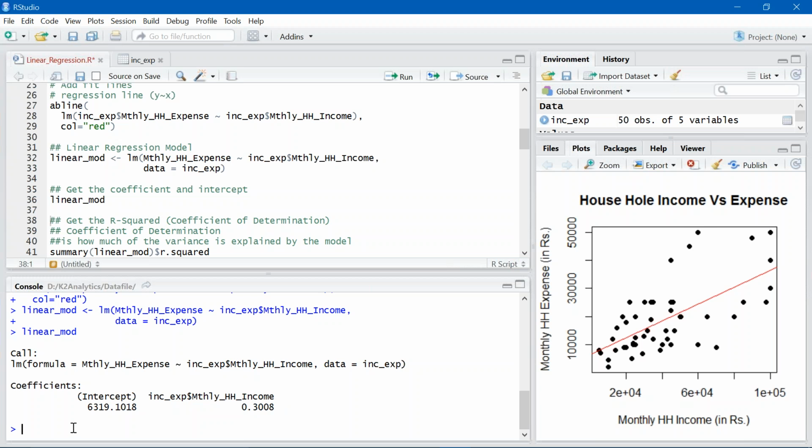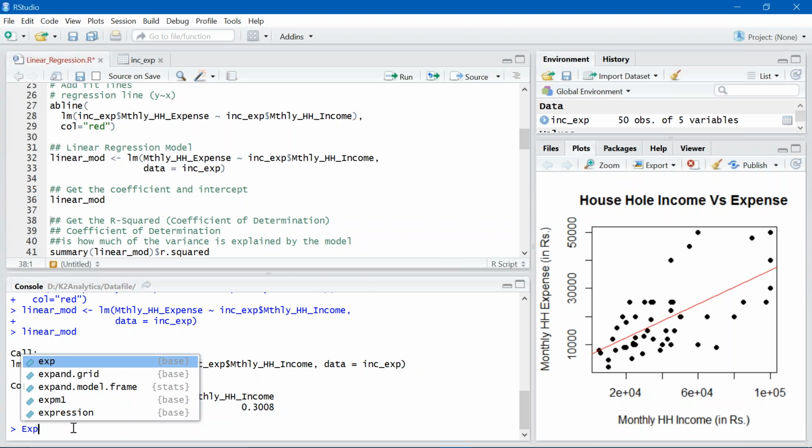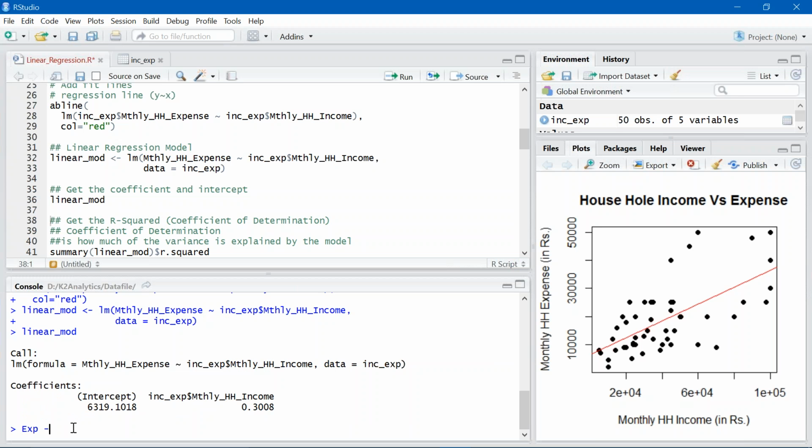So basically the equation is y equal to, or the other way of putting the same thing, expense is equal to 6319 plus 0.3008 times income. This is what the intercept and coefficient are trying to say.